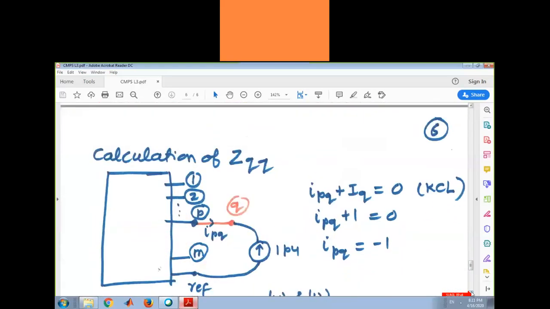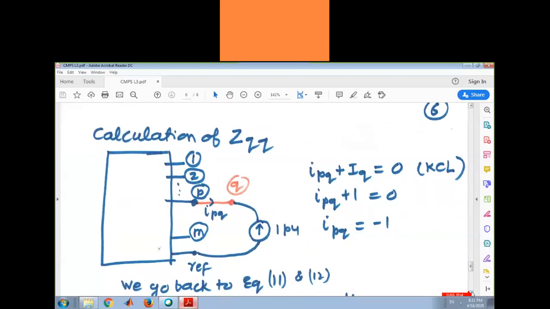Now how to calculate ZQQ? ZQQ calculation is simple. You inject a current of 1 per unit at the new bus Q. So at this point, if I apply KCL, the current entering the branch, I am assuming that there is IPQ current. So IPQ plus IQ is equal to 0. IPQ plus 1 we have injected, that is equal to 0. So IPQ must be equal to minus 1.